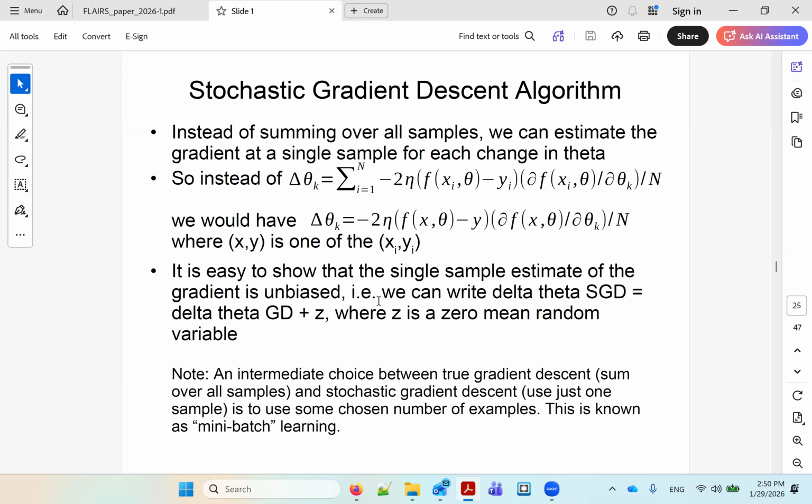It could be a billion, some huge number, but now you have control over that. You start off trying one at a time, and you're like, no, all right, let's do 10 at a time, because that noise is just too much. And you play with it empirically, and that has its own name. That's called mini batch learning. You're taking a batch of examples instead of just one and making your steps.